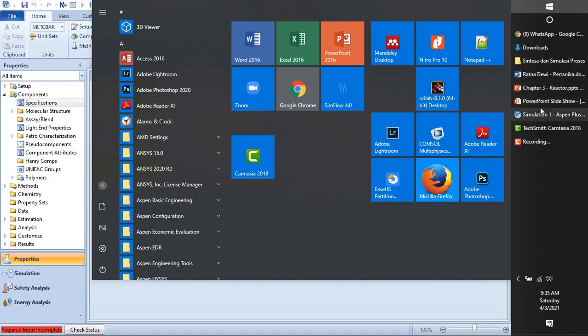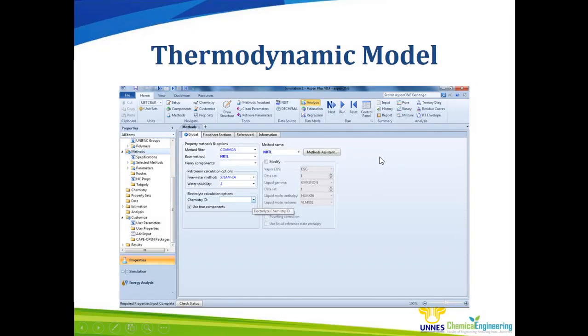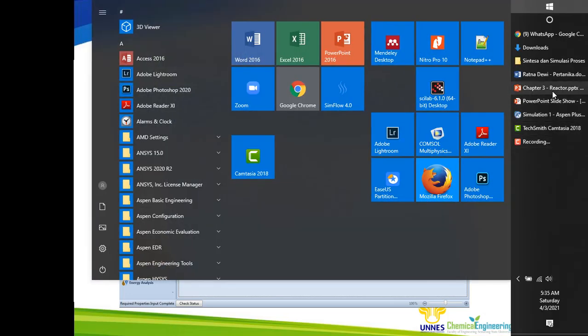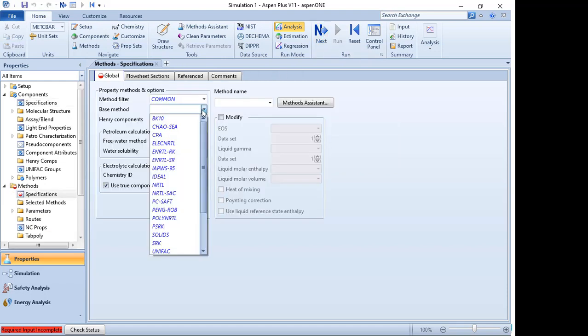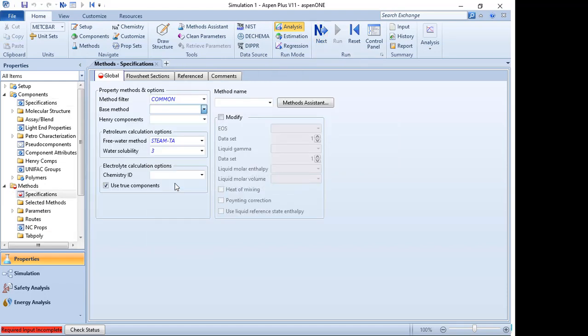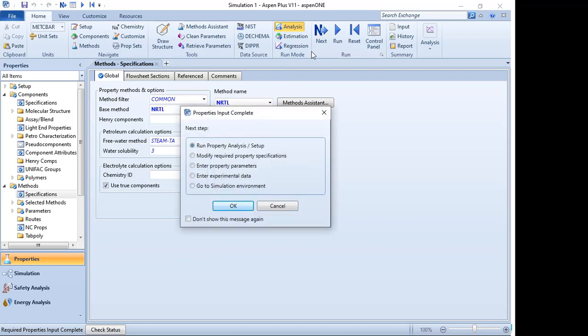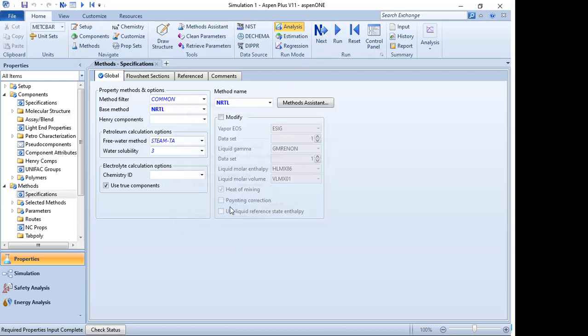And for the thermodynamic model, you can choose an RTL. Just click next, and then in the best method you can find an RTL in here, and click next again, and go to the simulation environment.